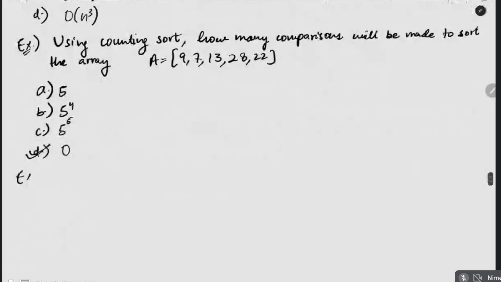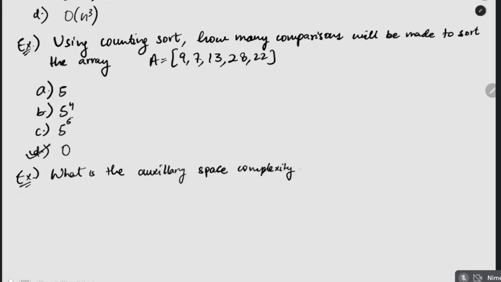We take one more example: what is the auxiliary space complexity of counting sort? We are given these options.